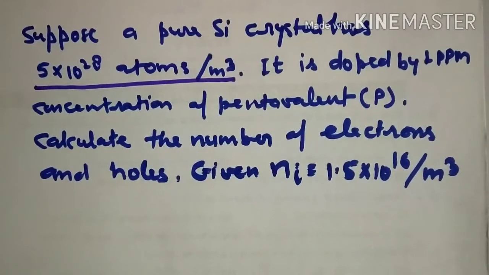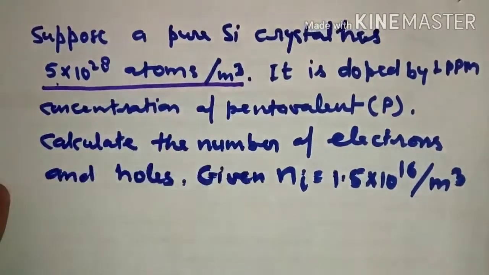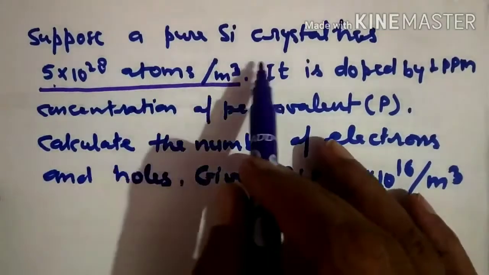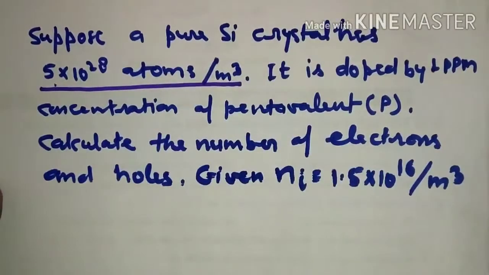And we have studied that in the N type of semiconductor, the number density of electrons is more than the number density of holes. So let's verify that with this example. This is the atomic density of the silicon and it is doped by 1 ppm of pentavalent.